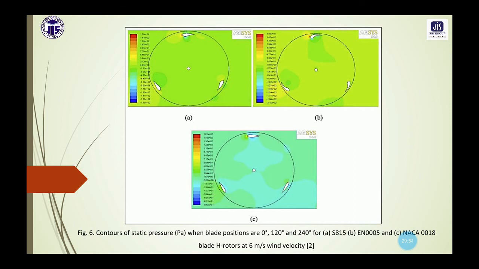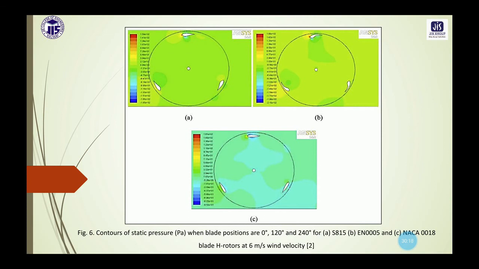then we will get some contour plot of the static pressure or velocity magnitude. So here we have reproduced those contours of static pressure when blade positions are 0 degree, 120 degree and 240 degree for these three different blade edge rotors at 6 meter per second wind velocity.